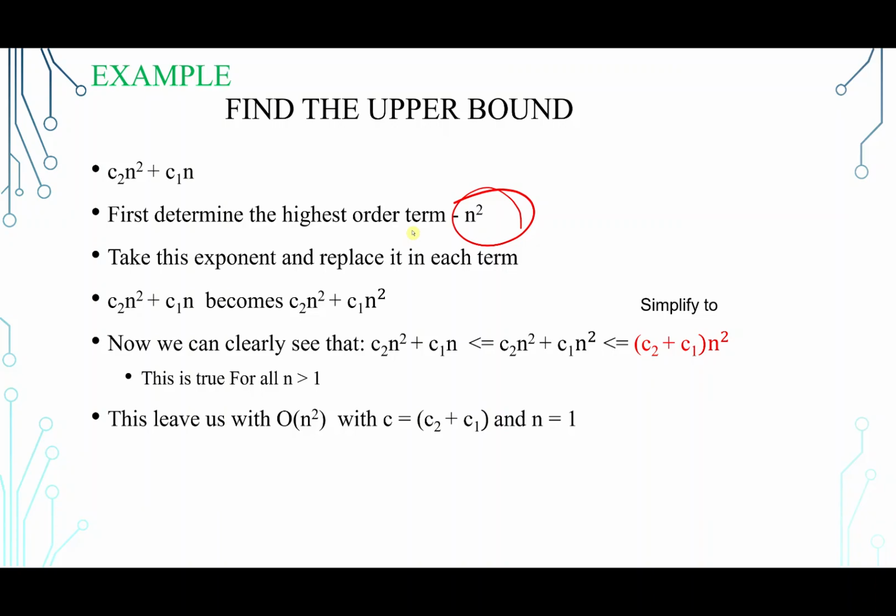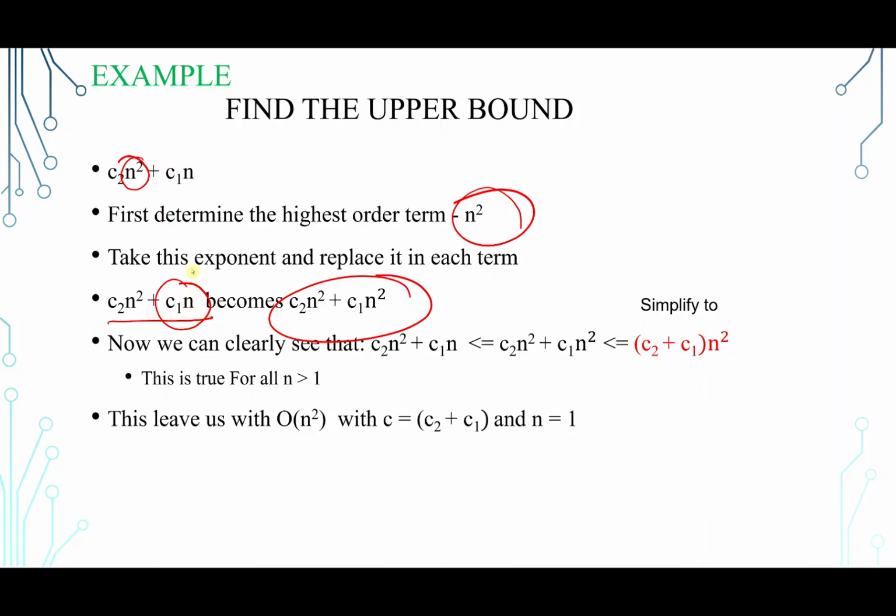Another way to do it is to find the highest or the biggest term and take that power and apply it to the other terms. So we are going to make this in terms of n squared. Here it is, C2 n squared plus C1 n.